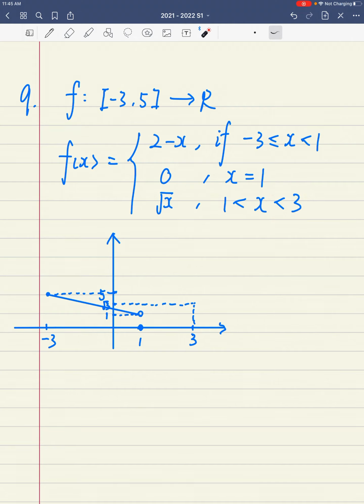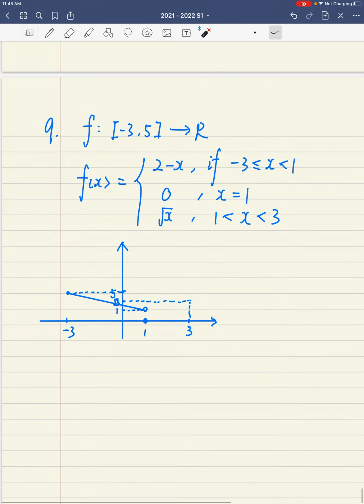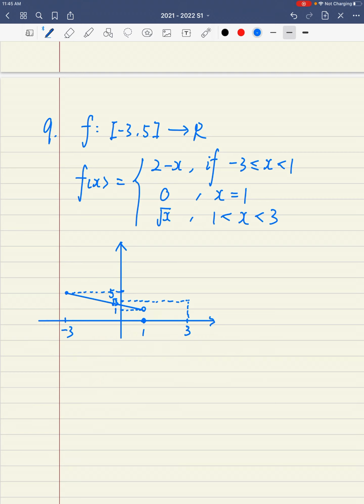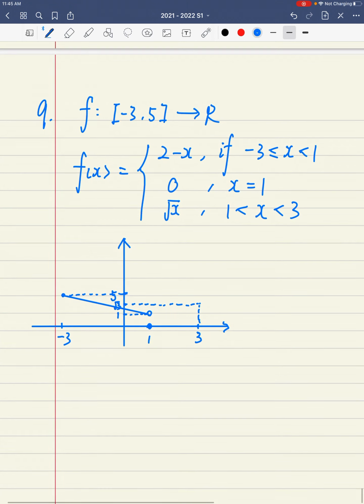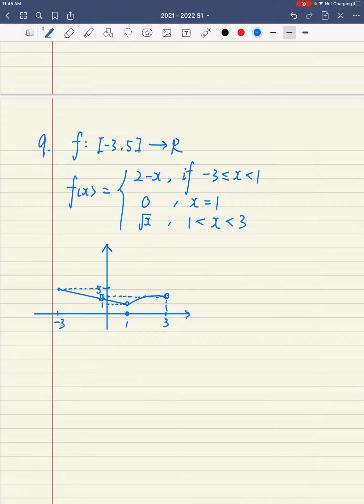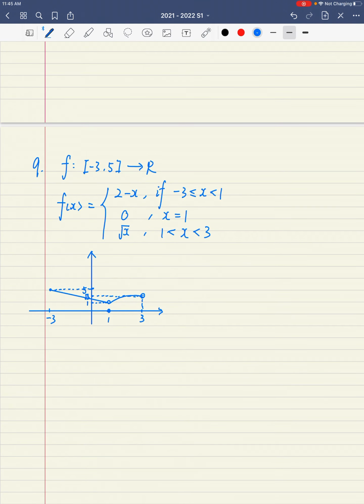So for this graph, both 1 and 3 are excluded from the curve. And what does the curve look like? The curve is a hump.